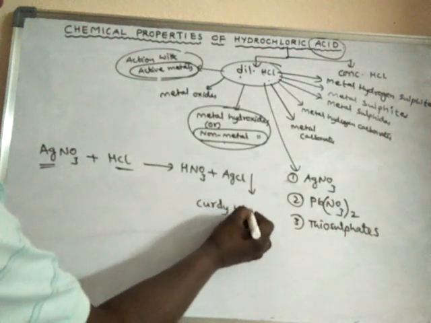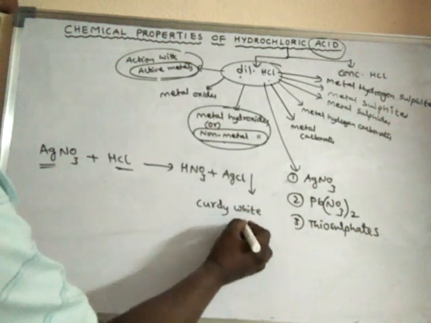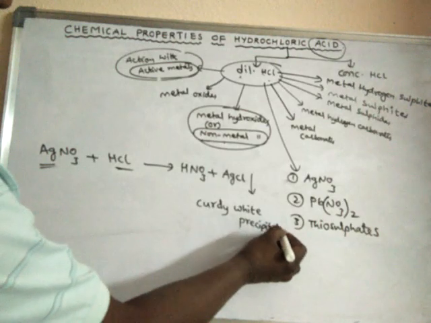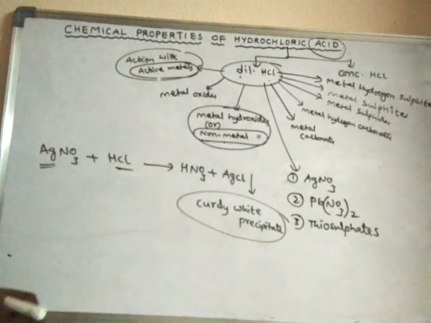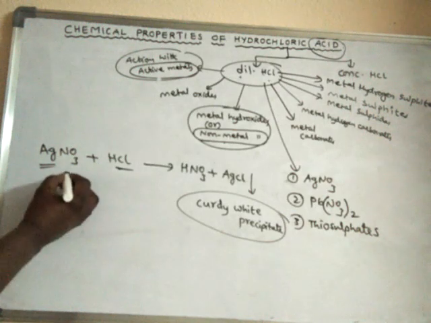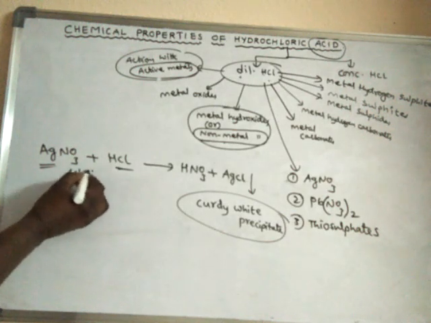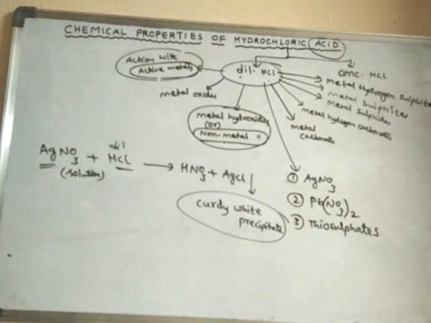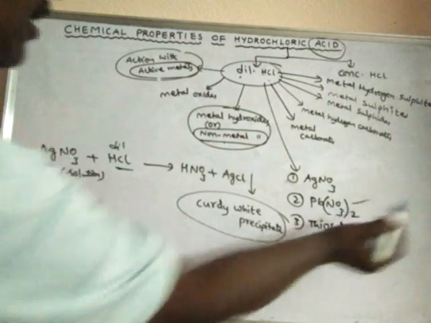Curdy white precipitate is formed. It is a precipitate which looks like a curd. Silver chloride is a curdy white precipitate. When silver nitrate solution reacts with dilute hydrochloric acid, this reaction takes place.